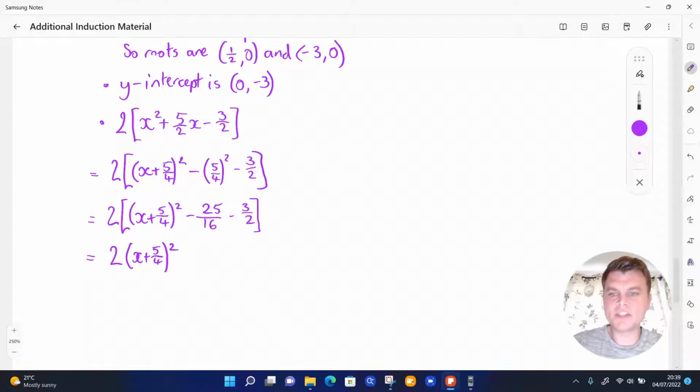So that's going to remain the same. And then when I've got minus 25 over 16, take away 3 over 2, and then all multiplied by 2, that will give me minus 49 over 8. That will tell me where the turning point is. Turning point, x value, will be minus 5 over 4, and the y value will be minus 49 over 8.